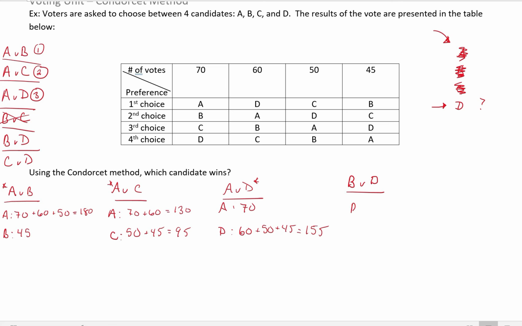So if we're comparing B and D, these 70 people like B better than D. These 60 people like D better than B. These 50 people like D better. And these 45 people like B better.